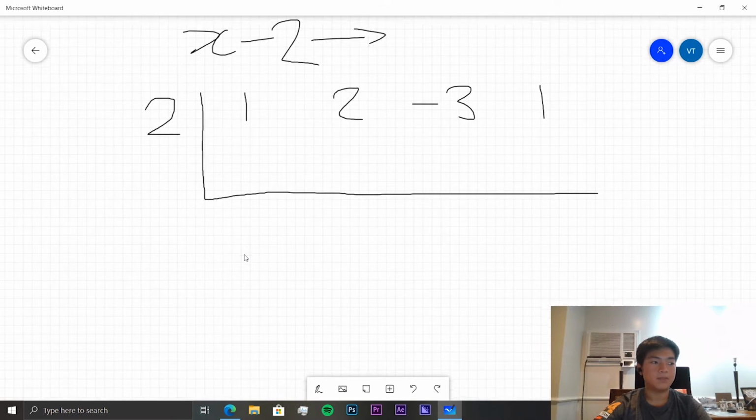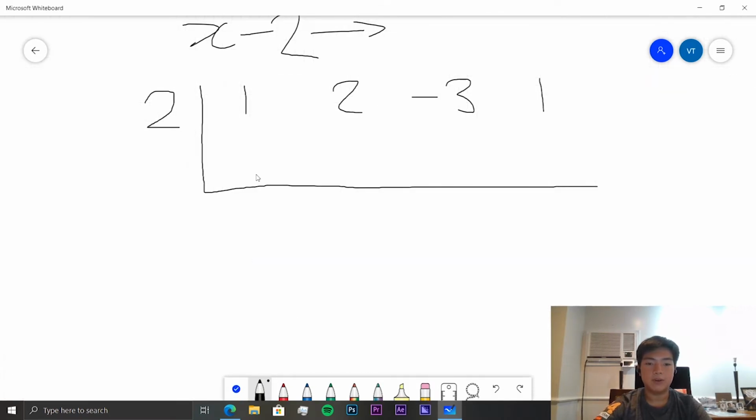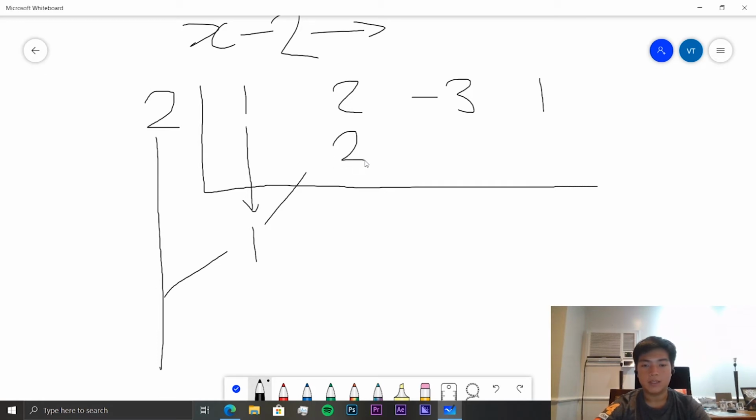The first thing we want to do is bring down the first coefficient. This will be exactly the same, so in this case it will be 1. Then we multiply 1 by 2, and that gives us 2, and we put the 2 over here. Now to get the next term in the answer, we add these two terms together.